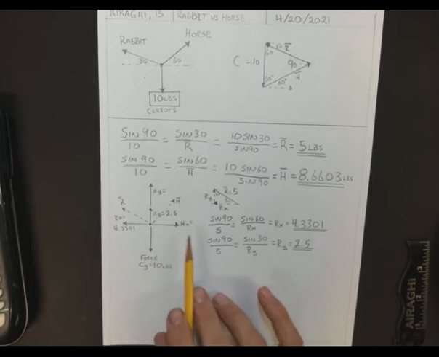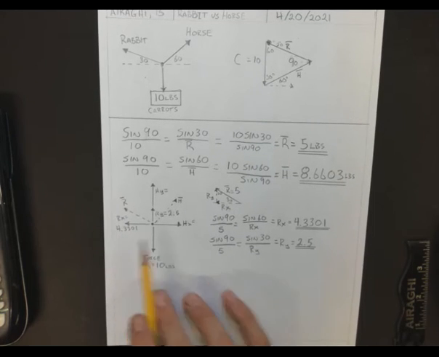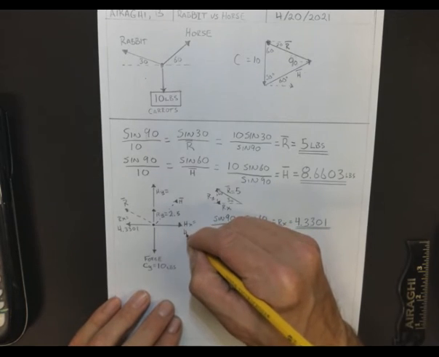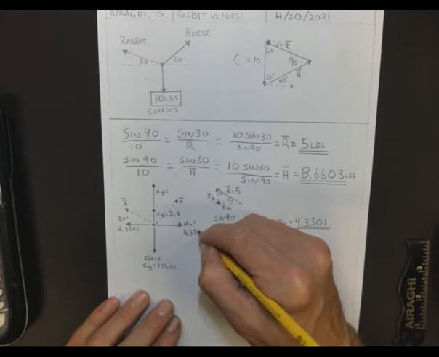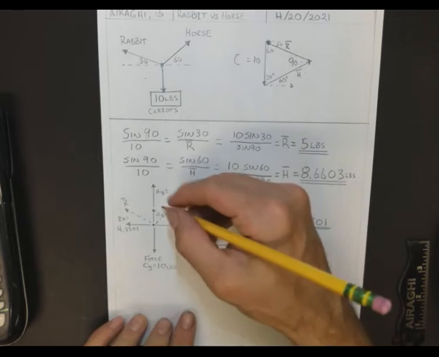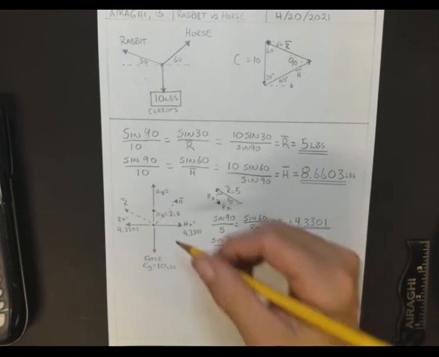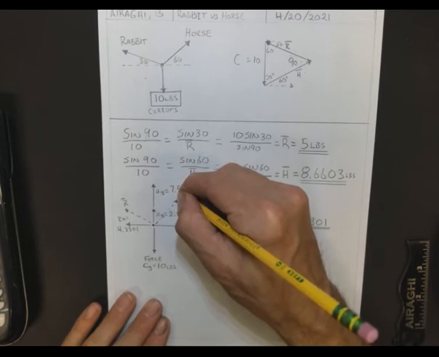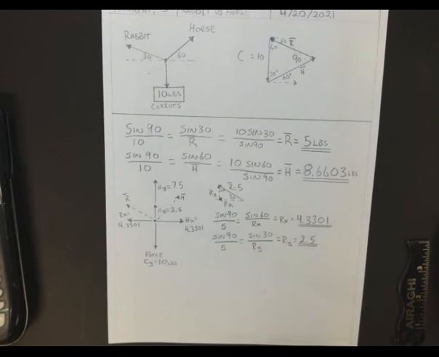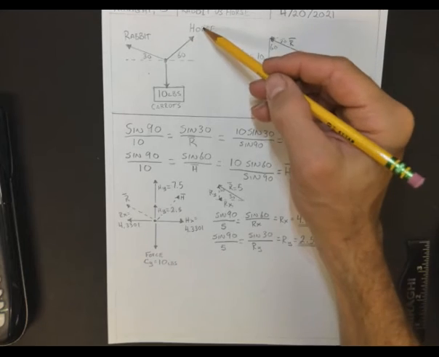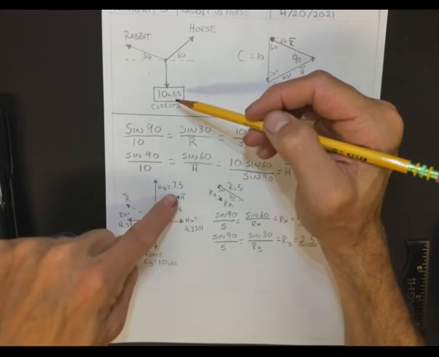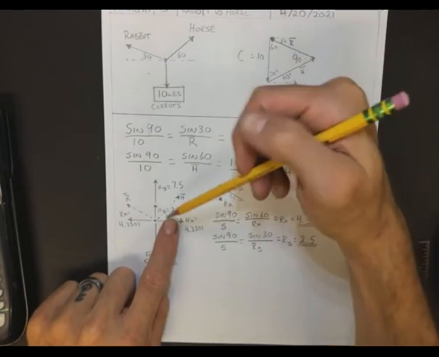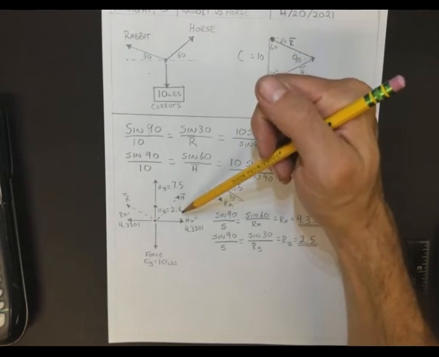I know that Hx equals the same as this, so this is going to equal 4.3301. Hy, 10 minus 2.5 is 7.5 pounds. So this horse is carrying 7.5 pounds of the carrots. The rabbit is carrying 2.5 pounds of the carrots.